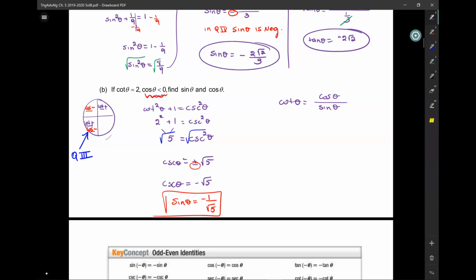Cotangent is 2. So cosine over sine is negative 1 over root 5. Now, if you are dividing by something and you have to get rid of that denominator, you have to multiply both sides by the exact denominator. So you have to multiply by negative 1 over root 5.